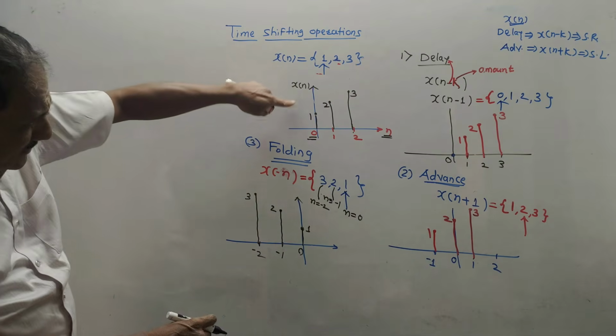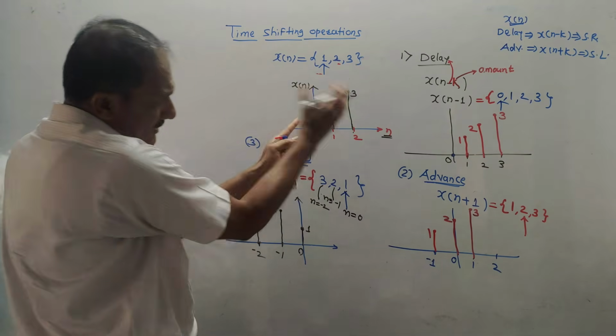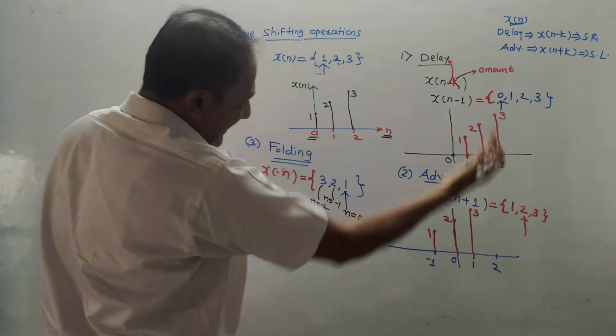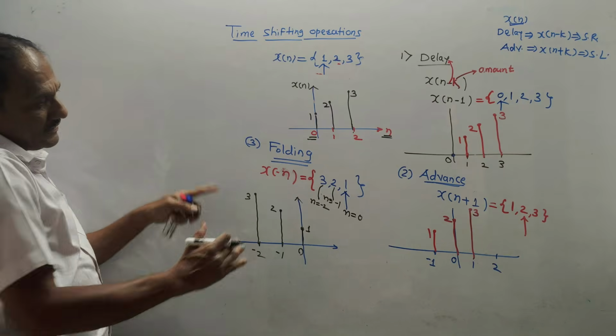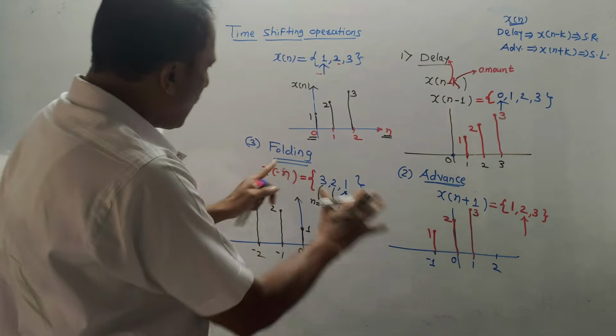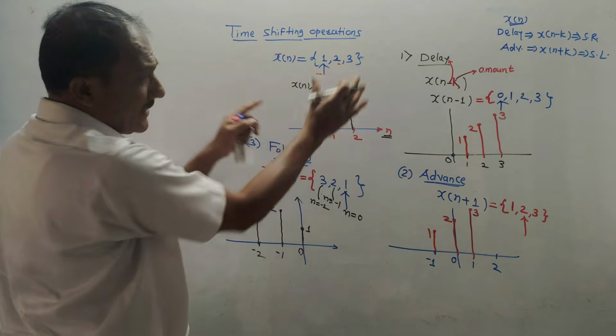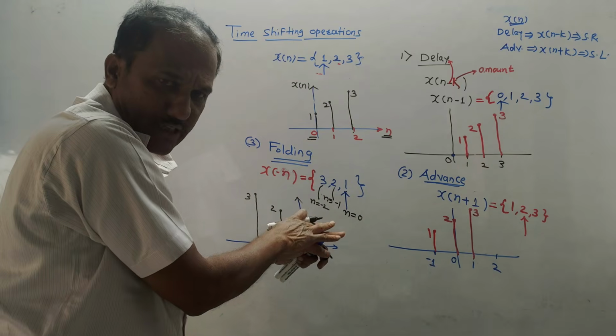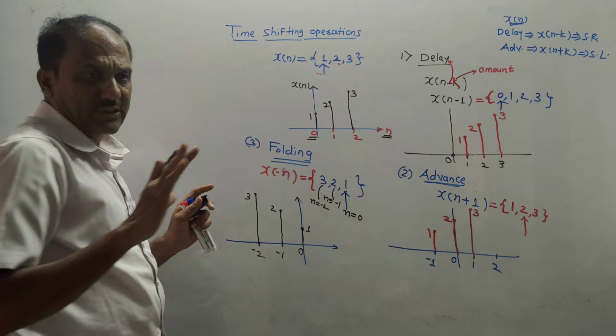Observe these two diagrams. In case of folding, it is just a mirror image. The entire diagram, which originally was at the right hand side, now becomes at the left hand side. This is the folding operation. But keep in mind, only in case of folding, the first step is to write the sequence in reverse order. Keep the arrow as it is, wherever it was originally, and then from the sequence draw the diagram.